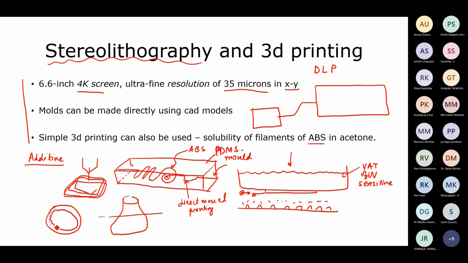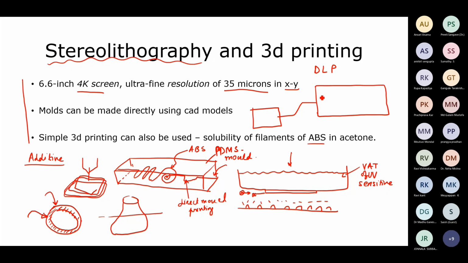This is the material that you would get if you slice this particular object. So if I were to create this layer using this UV sensitive polymeric liquid and UV LED, I must allow light to only pass through this annulus.